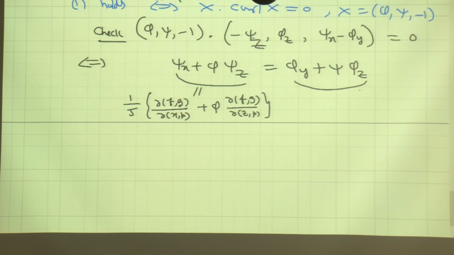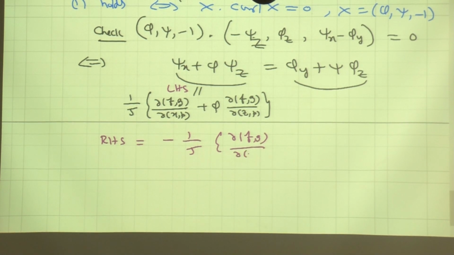Similarly, we will show this. So this is LHS. We will show RHS is equal to, by doing the same computation, dou fg by dou yq plus psi into dou fg by dou zq.